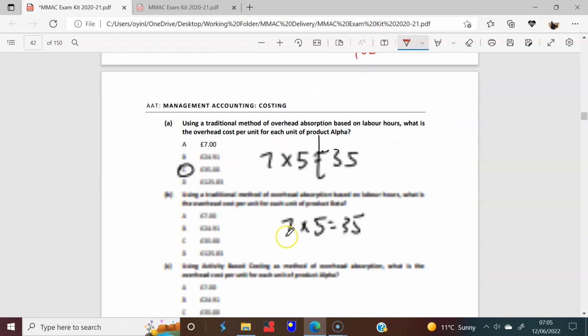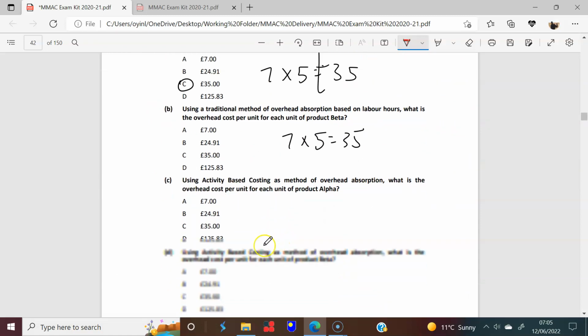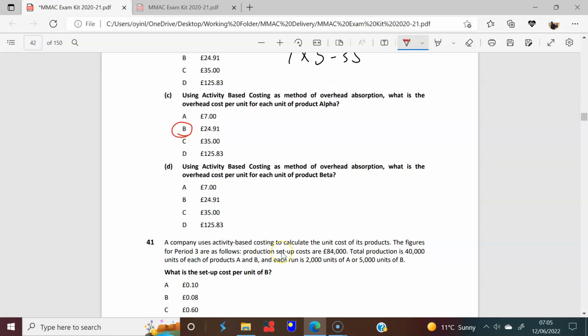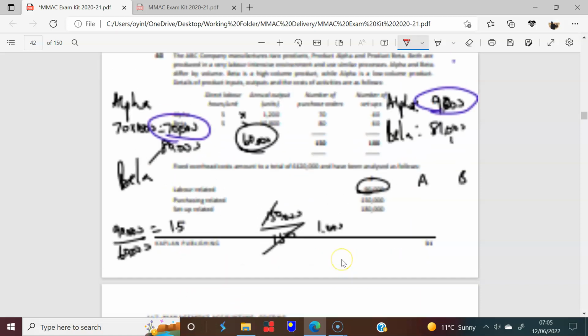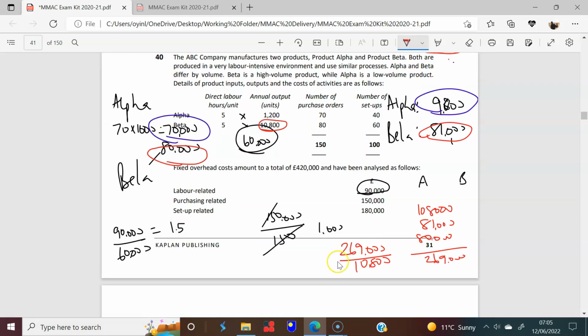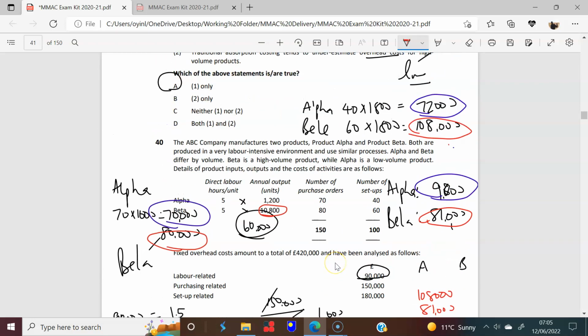Let's see if that's there. Yes, that's there. 24.9. Oh, sorry, that 24.9 was for beta. For alpha, it would have been just doing the other one, which was 72,000 plus 9,000 plus 70,000. Let's add all that together.